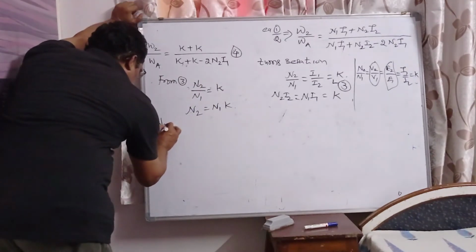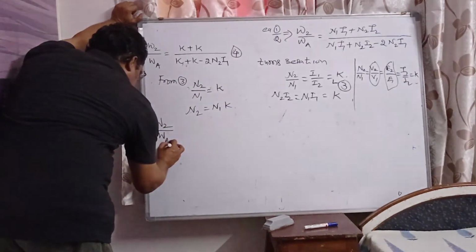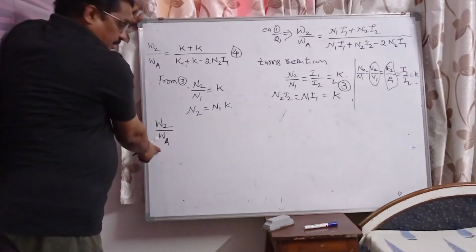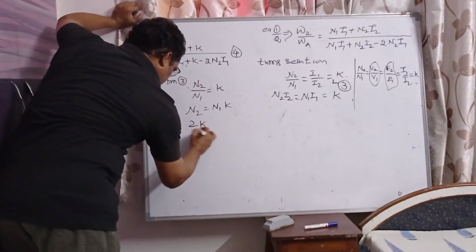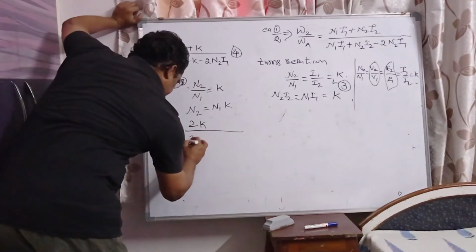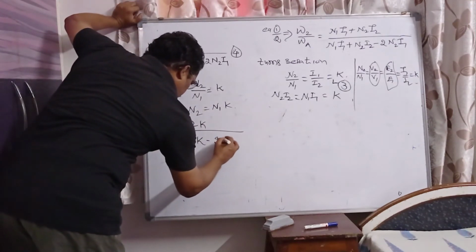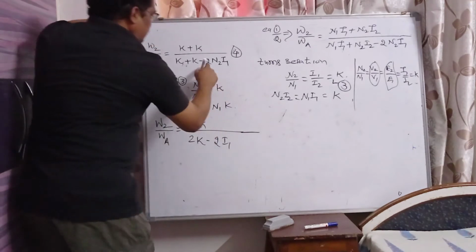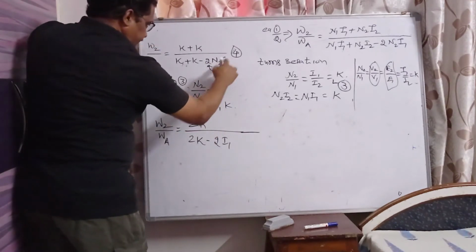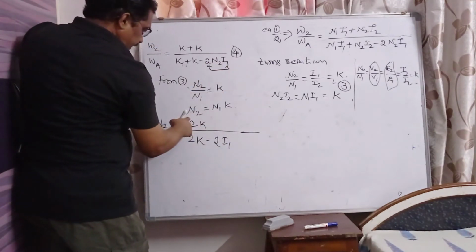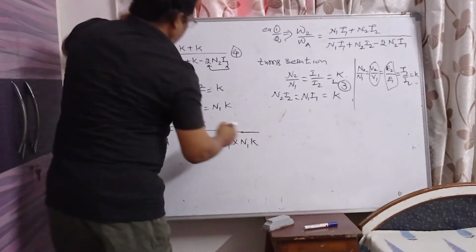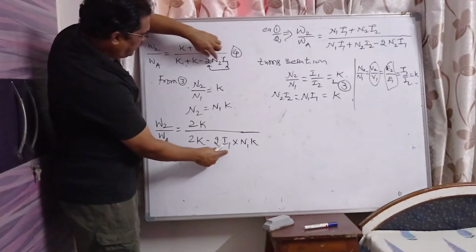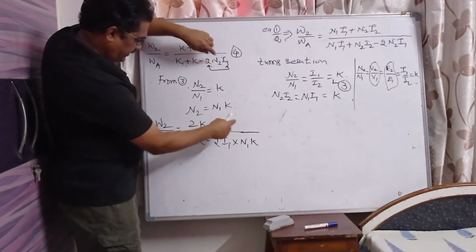So W2 upon WA, two winding transformer upon auto transformer, is equal to 2K upon this is 2K minus 2I1, this as it is. 2I1 as it is I have written, and N2 is equal to N1K, right?